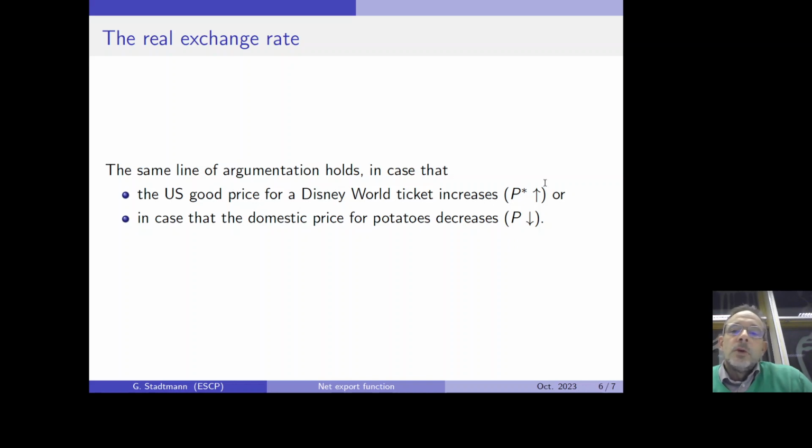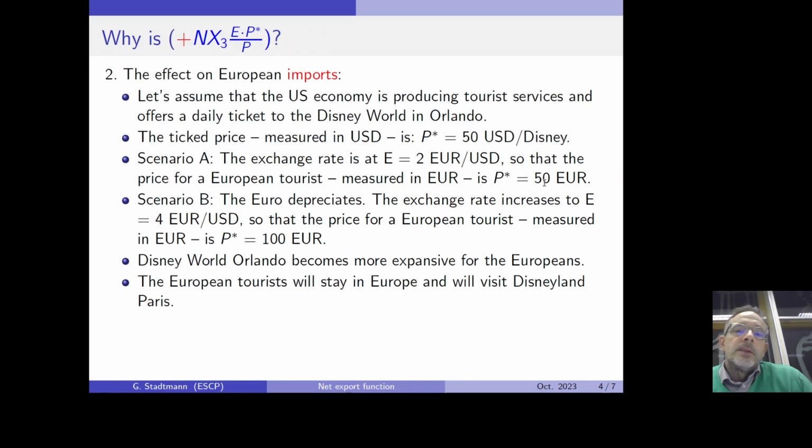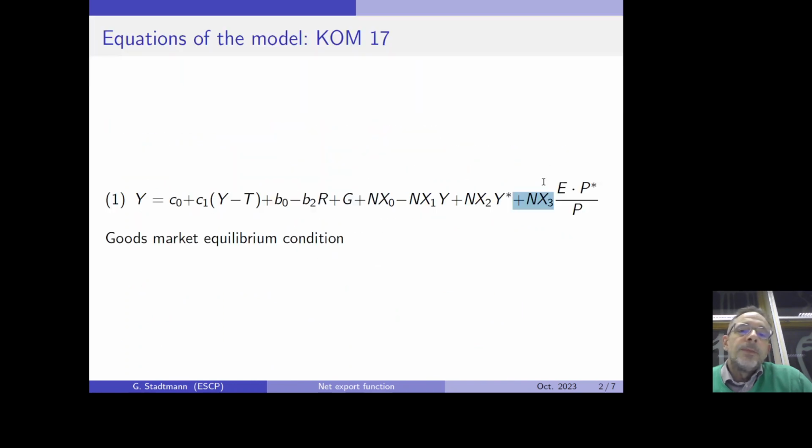I would like to explain another detail in this equation. So I would like to talk about the difference between C1 and NX1. C1 is definitely connected to the GDP variable. And then we also have another term, minus NX1 Y, in this equation.